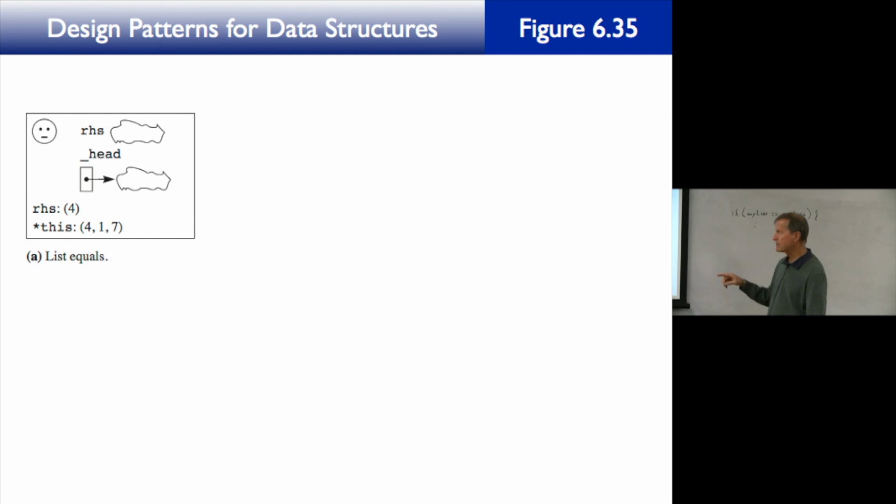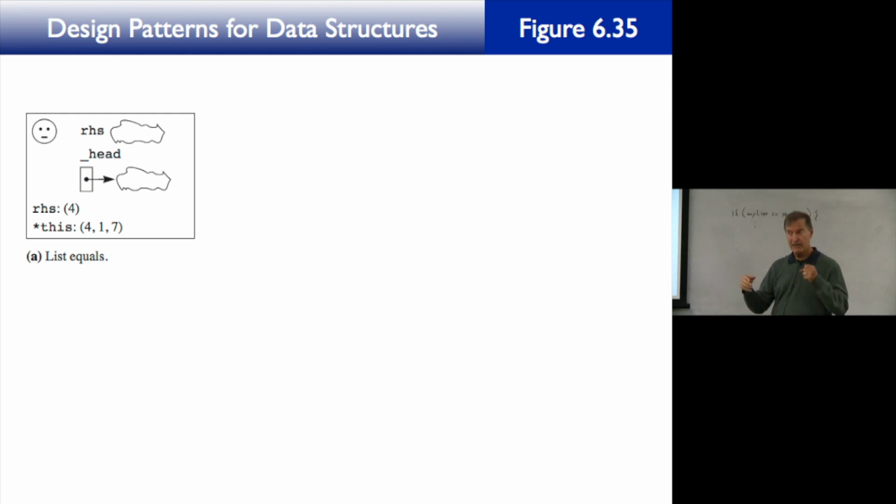So here's what happens. The main program calls is equal, okay? And we start off with the list version of equals. Because we're in a list, what is the environment of a list? What is its attribute? Underscore head. So in part A we see underscore head, and then what else do we have?